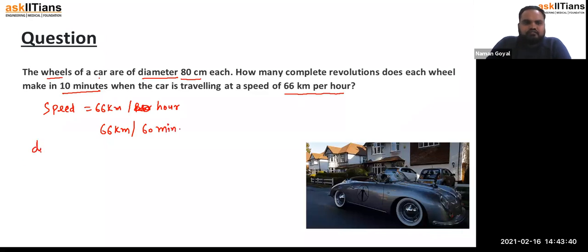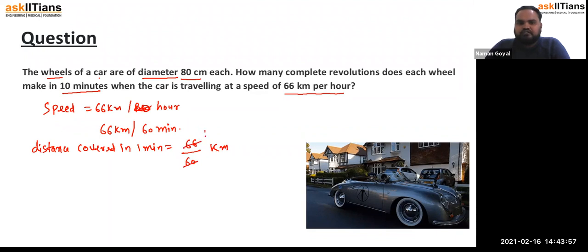So the distance covered in 1 minute is 66 upon 60 kilometer. It will be cancelled out by 6, and you will get 11 by 10. So basically, 1.1 kilometer will be covered in 1 minute.